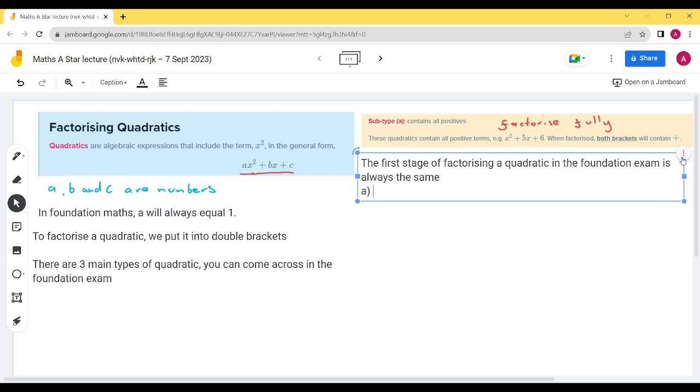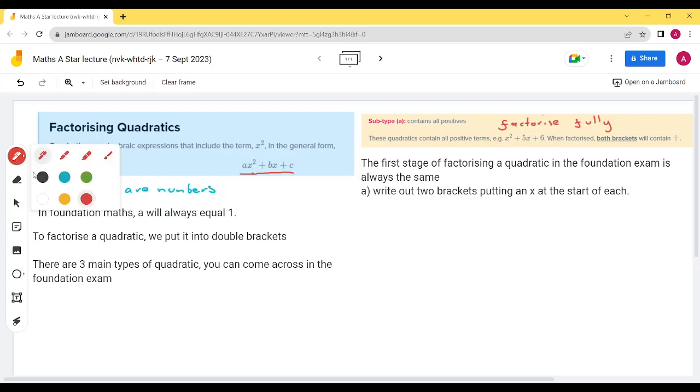At the start, we write out two brackets and put an x at the start of each. In the foundation exam, it's always going to be like this. We know it's going to be double brackets because it's a quadratic we are factorizing, and we can put an x at the start of each, because it's always going to be a equals 1 and x times x equals x squared.